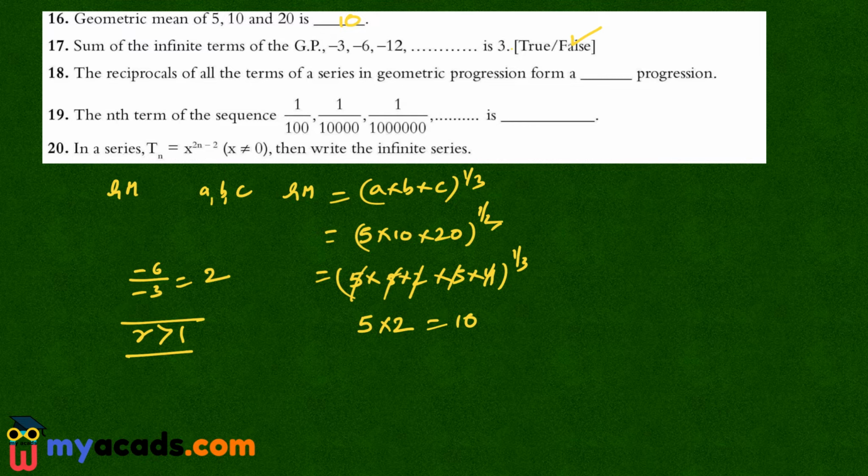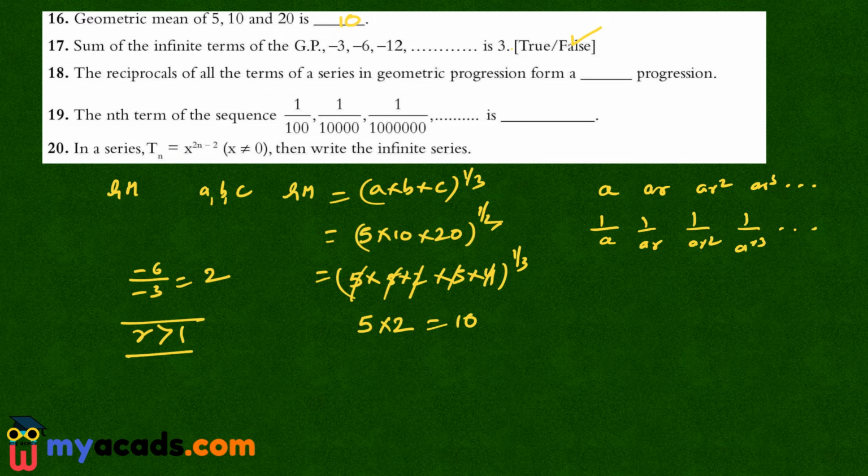The reciprocal of all the terms of a series in geometric progression forms a dash progression. For example, my geometric series is a, ar, ar square, ar cube and so on. Now the reciprocal of this will be 1 by a, 1 by ar, 1 by ar square, 1 by ar cube and so on.